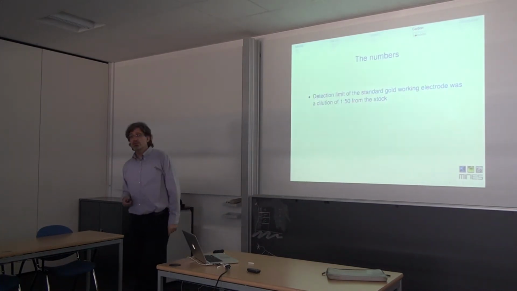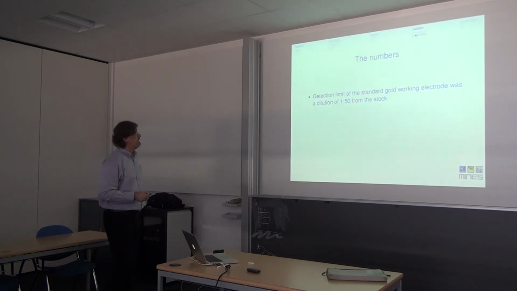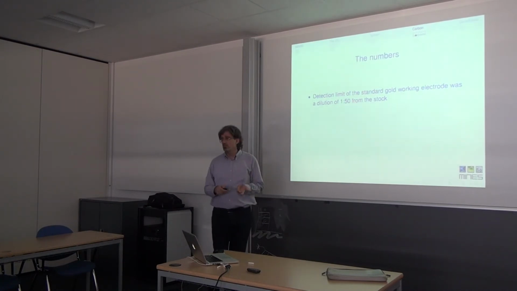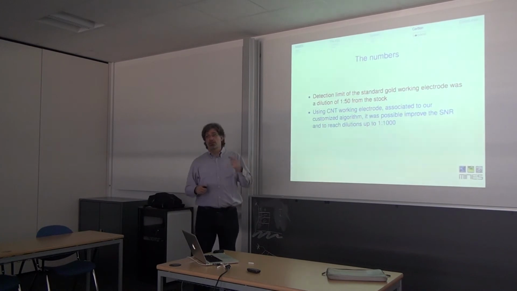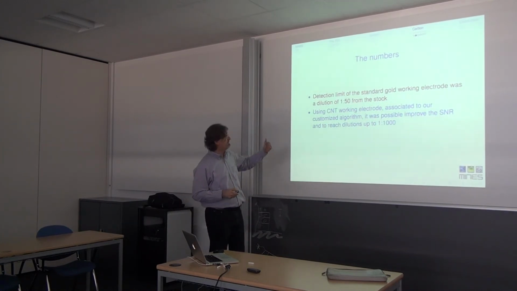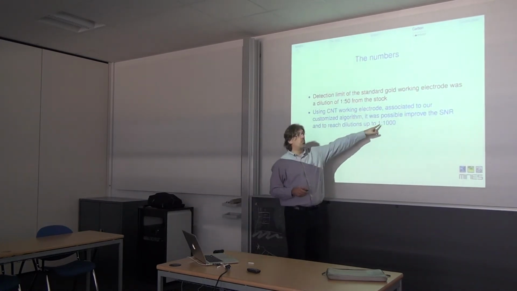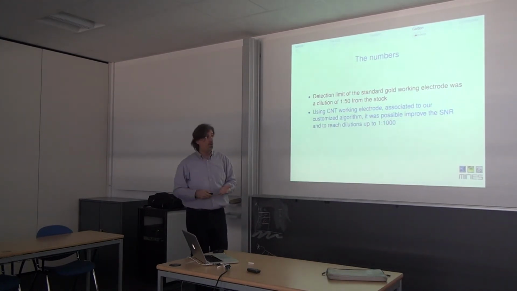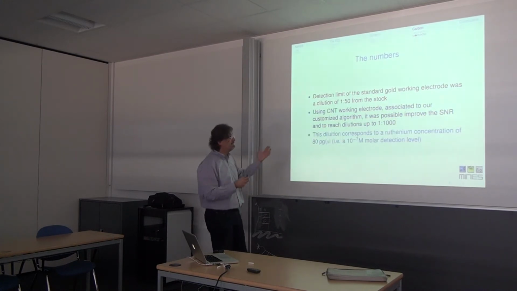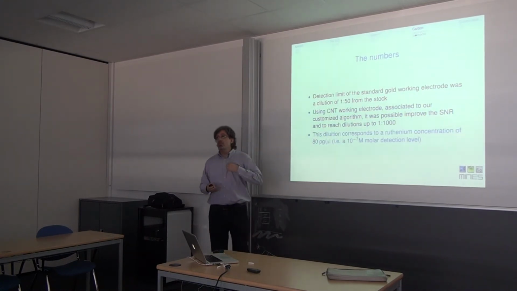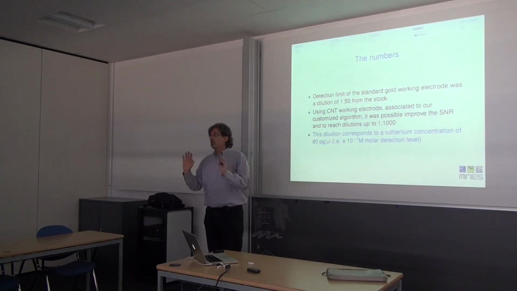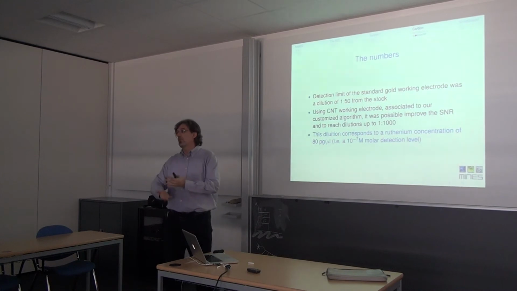And in terms of numbers, these are the results. Using gold electrodes we arrived up to a dilution of 1 to 50 from our stock solution. Using carbon nanotubes, in this case, we arrived up to 1 to 1000, so 40 times more. A very great increase. And in terms of concentration of ruthenium, I did not tell you: these experiments were done using simple ruthenium on top of the electrode.